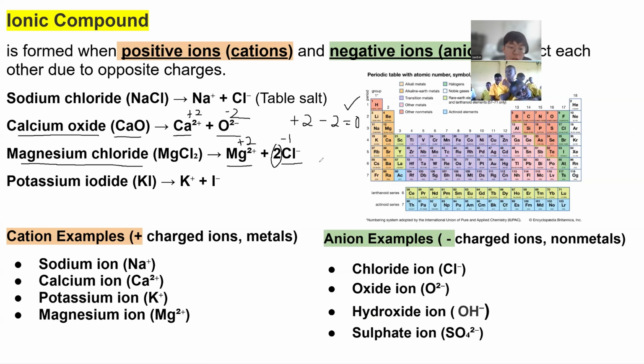If we have two chloride ions, then the total charge is -2. And then we have +2 for magnesium ion. This equals 0. Great job. So that's why we need two chloride ions. If it combines, this forms MgCl2.